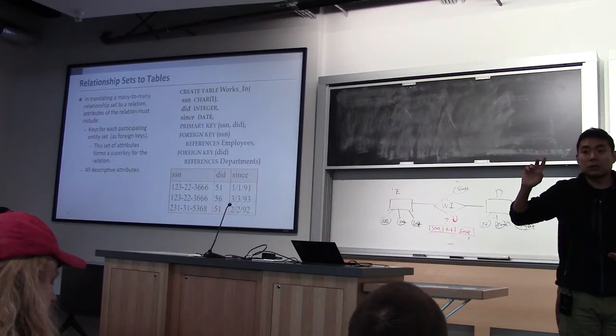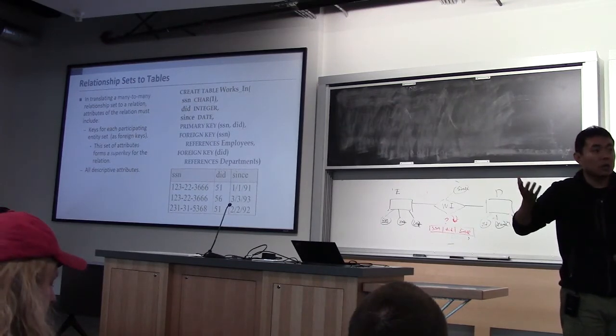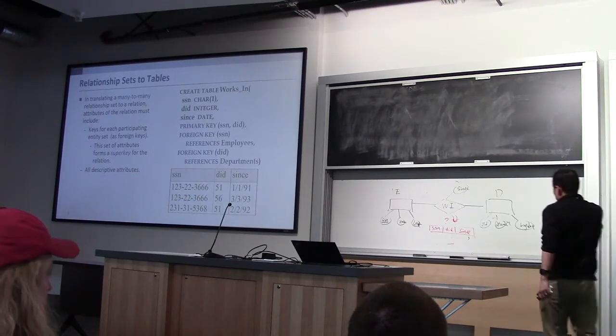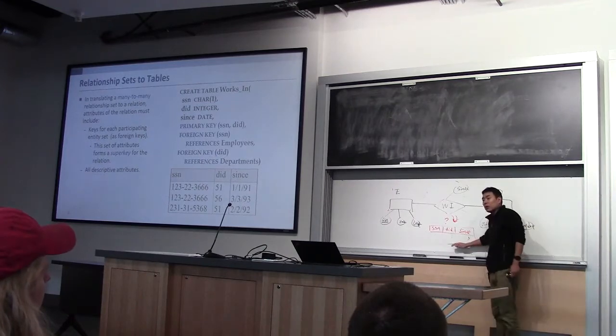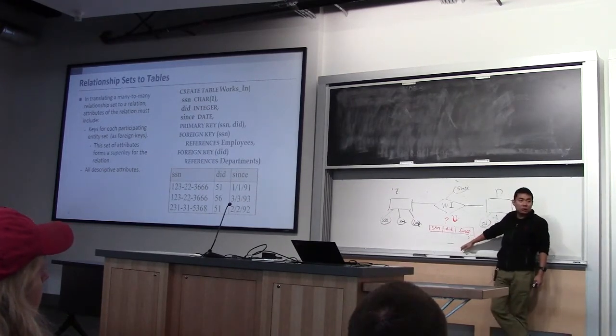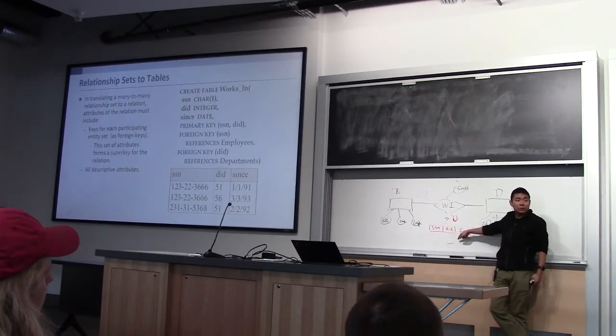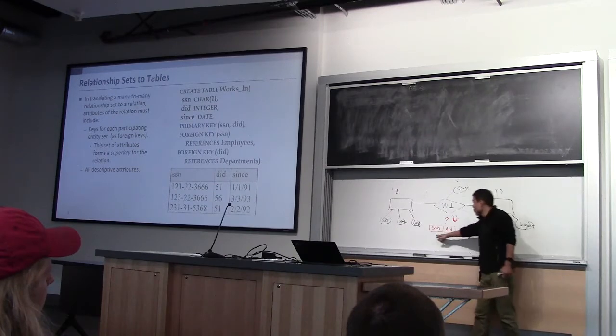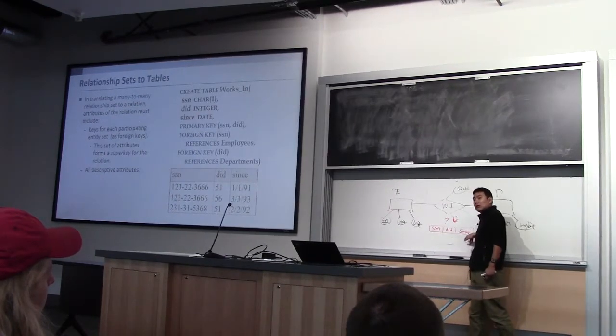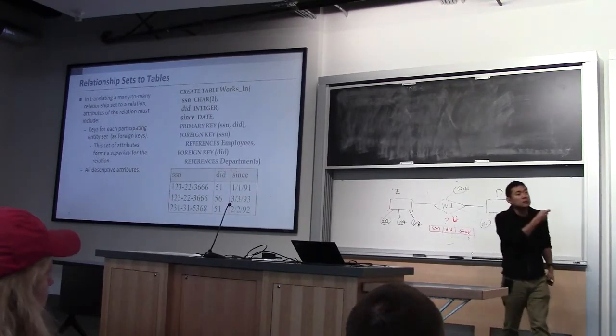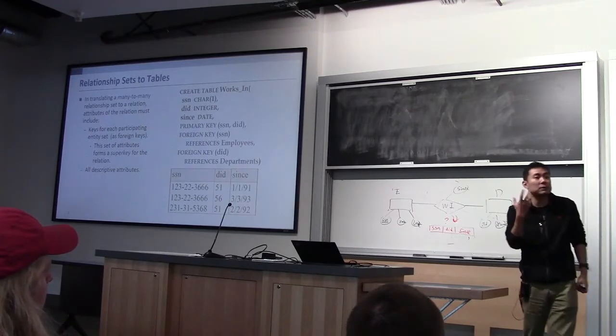That will serve as your key. What are the records going into this table, by the way? Can someone answer that question for me? In other words, what does each record represent in this table? Do they represent an entity? Do they represent a relationship? Do they represent what?